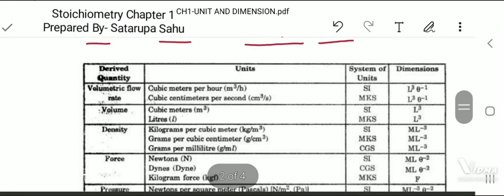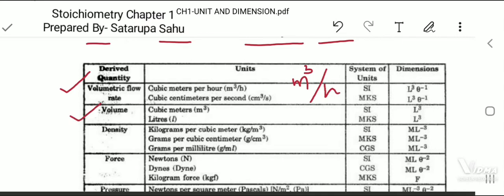This table represents the units for different derived quantities. Let's come to the first, the volumetric flow rate. Volumetric flow rate means volume per time. So the unit of volume will be meter cube and for time it's hour or second. So it will be meter cube per hour or centimeter cube per second.